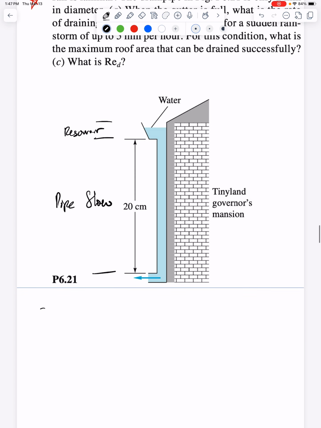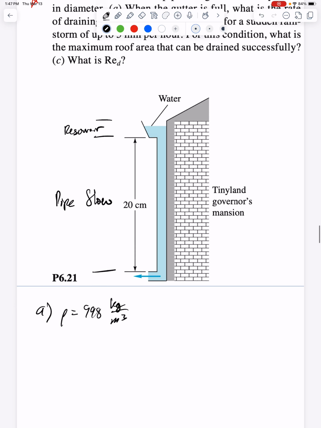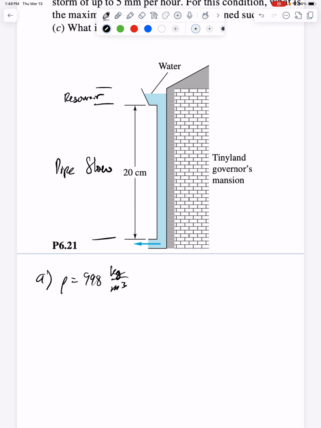All right, so for water, same properties as before: 998 kilograms per cubic meter. Viscosity is about 0.001 newtons per meter squared times second.